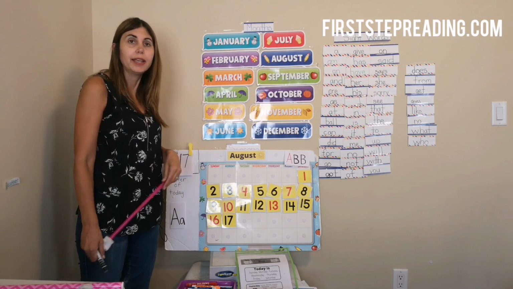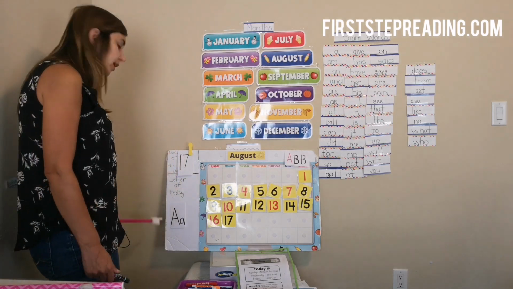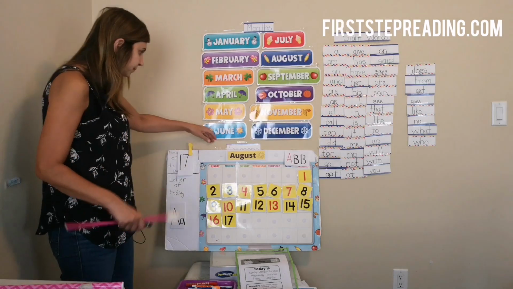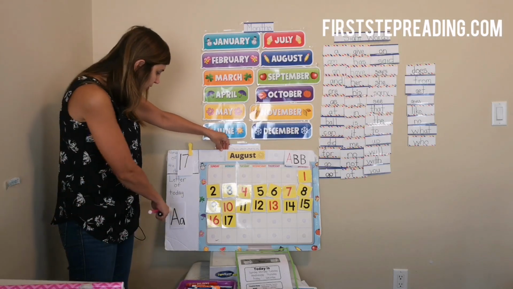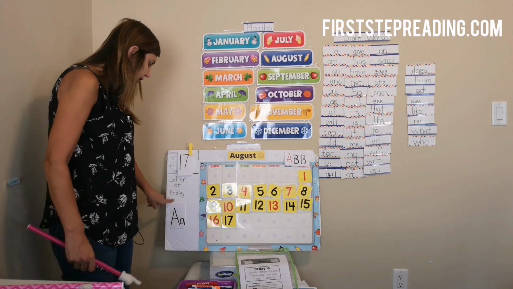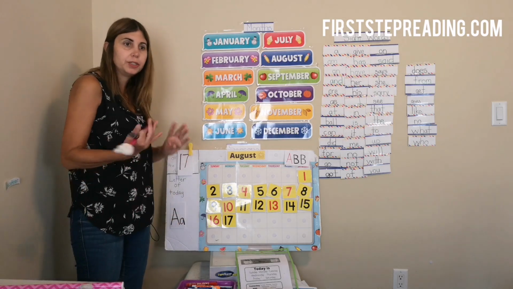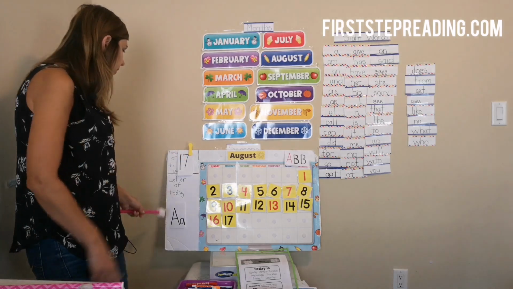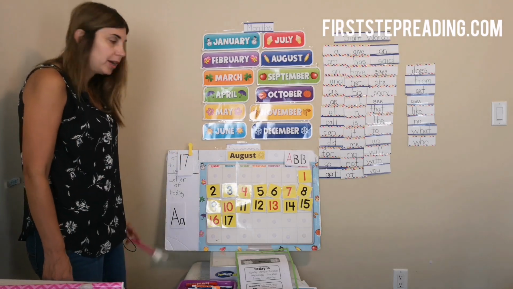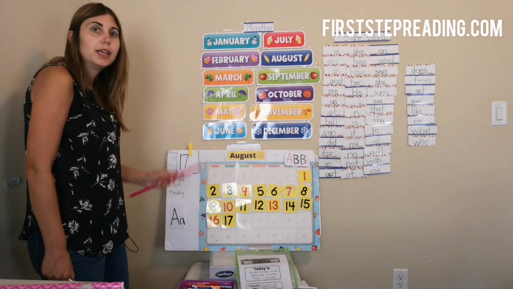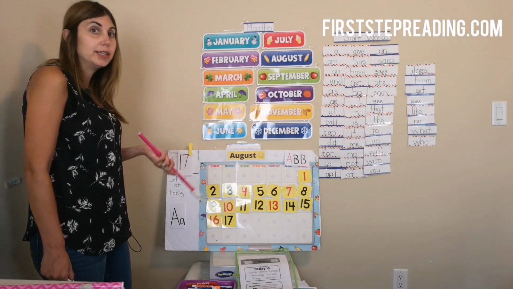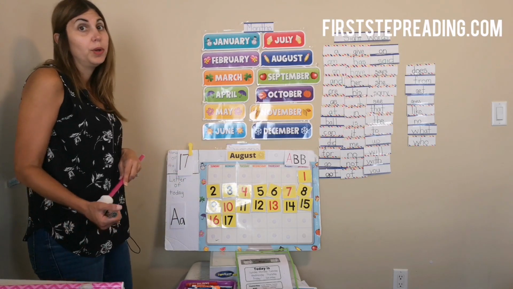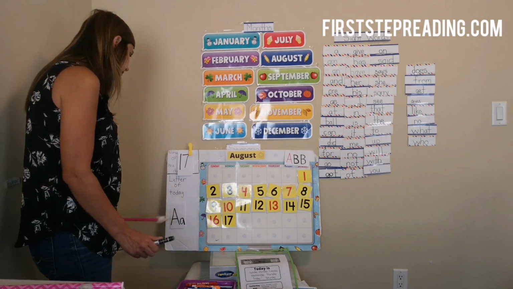A, like ape or cape, right? So today we're talking about long vowels. We're going to do A, E, I, O, and U. Long vowels say their name, right? So A says A, E says E, I says I, O says O, and U says U.